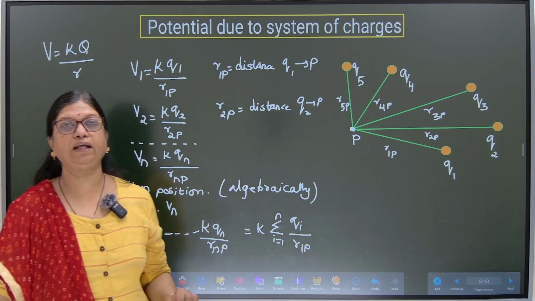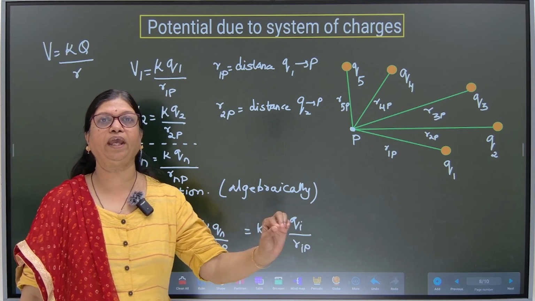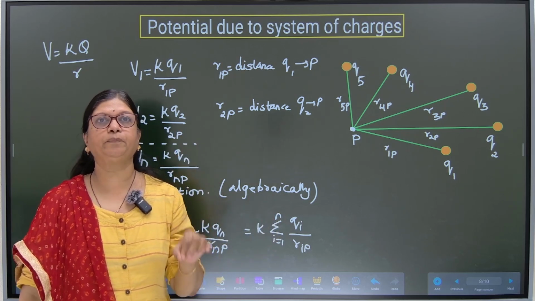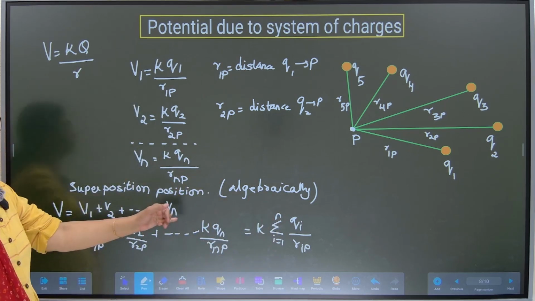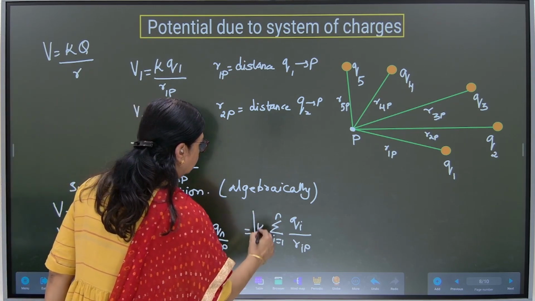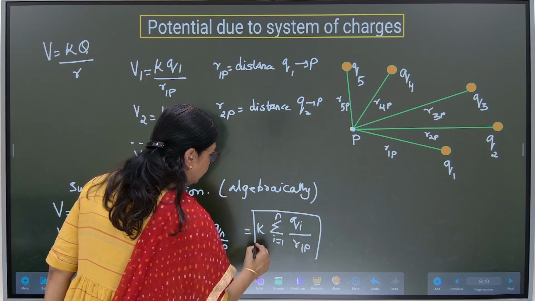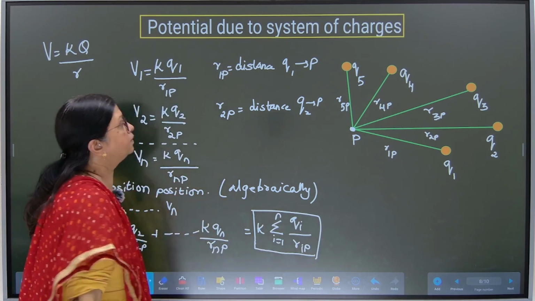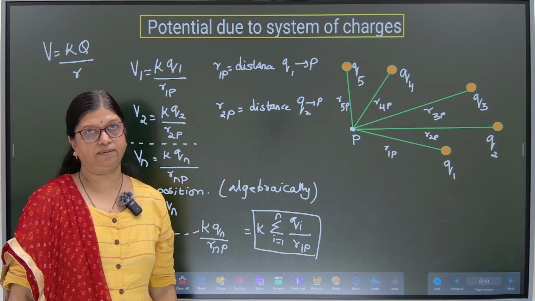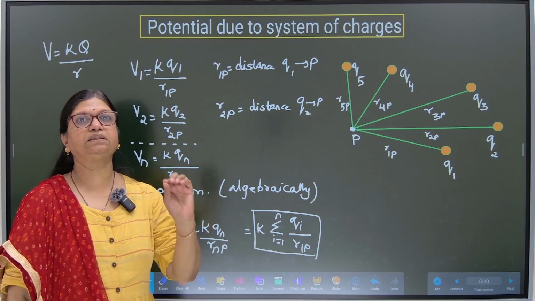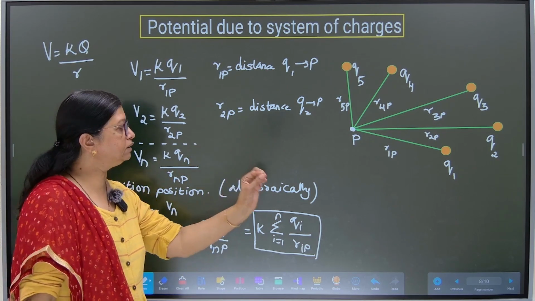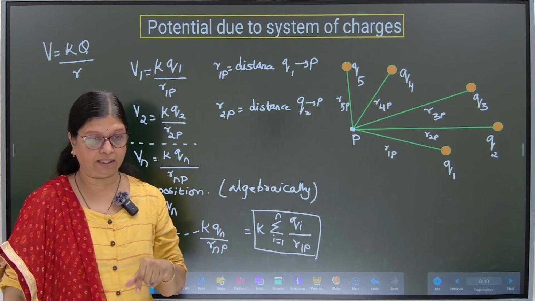Okay, where i takes the value from 1 to n and we get all the individual potentials of each charge. So this is the formula for the potential due to a system of charges. Just add the individual potentials algebraically, not vectorially.